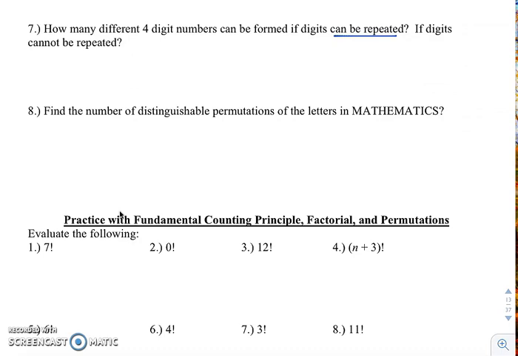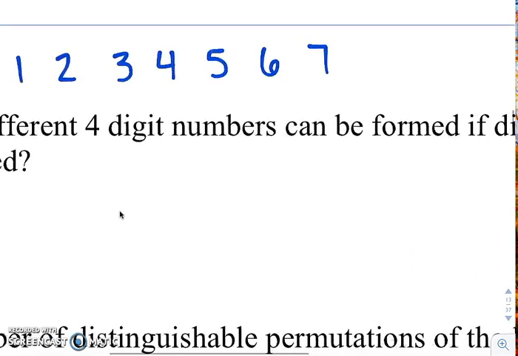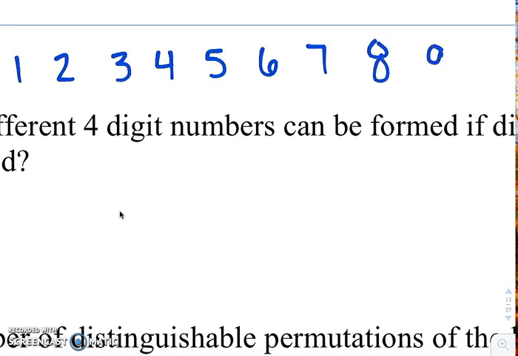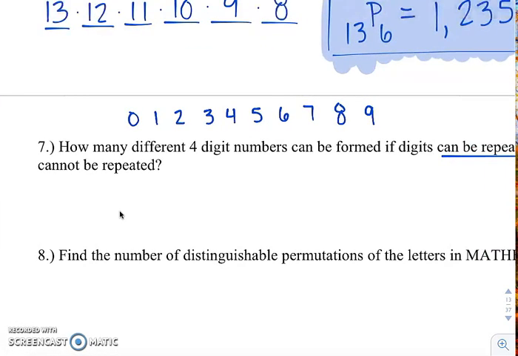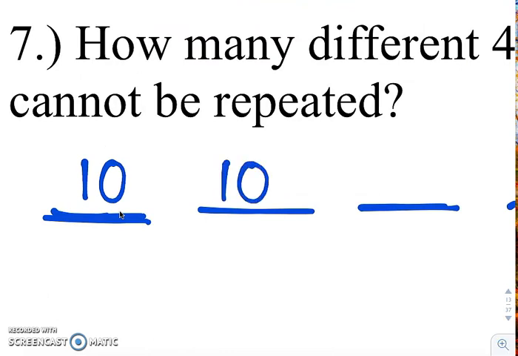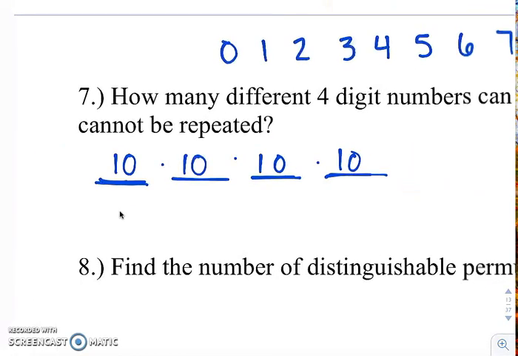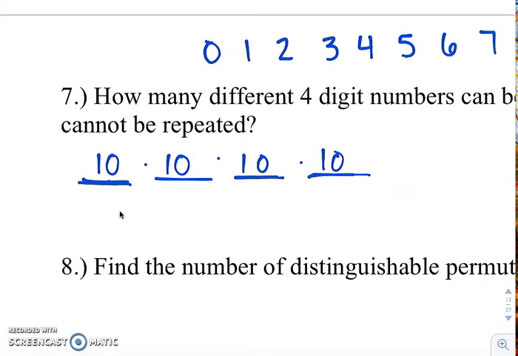The digits are 0 through 9, so there is a total of 10 of them. If they can be repeated, then this 4-digit number can use all 10 for all the 4 spots if it wishes to do so. So 10 times 10 times 10 times 10, or 10 to the 4th, would be 10,000 ways.